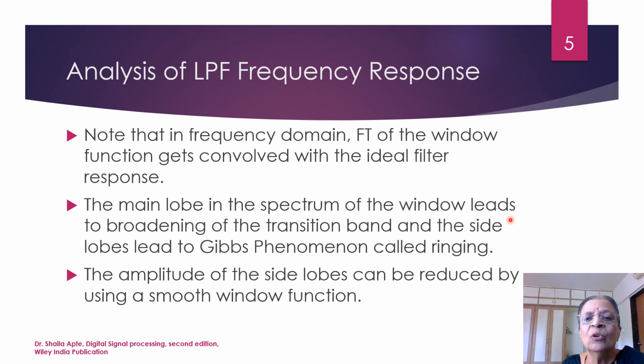So all these side lobes and a small ripple in the passband, all these effects are called Gibbs phenomena, or ringing. And the side lobes that are appearing are called frequency leakage. The amplitude of the side lobes is required to be reduced. How can you reduce that? We'll have to use a window function which has lower side lobes. So we'll have to select the window function so that we get low side lobe amplitude.